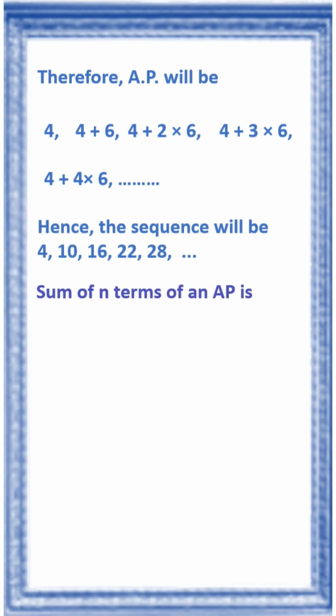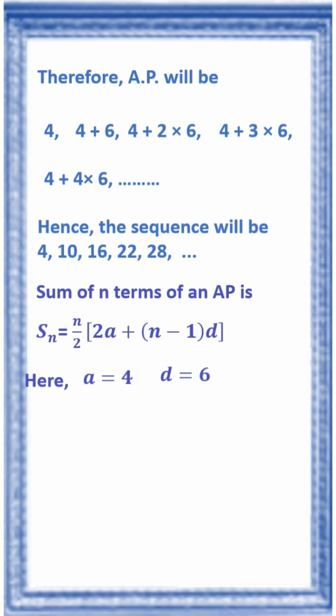Sum of n terms of the AP is Sn is equal to n by 2 into 2a plus n minus 1 into d. Now we are finding the sum of first 29 terms. Here a is equal to 4, d is equal to 6, n is equal to 29.